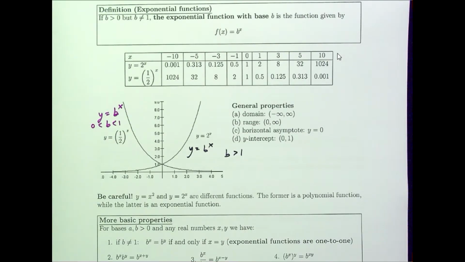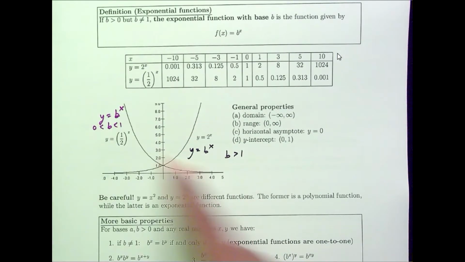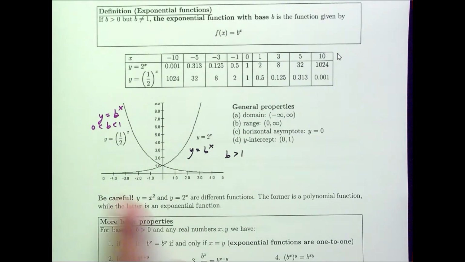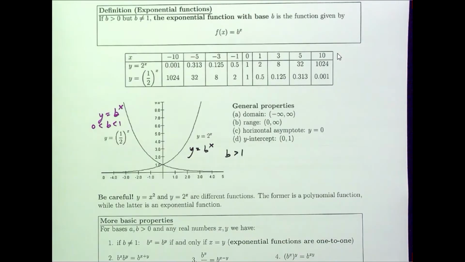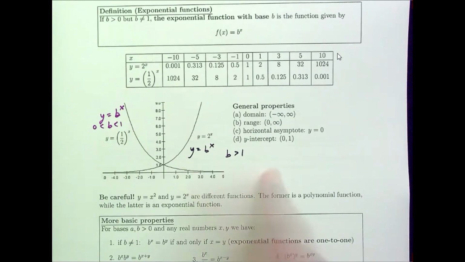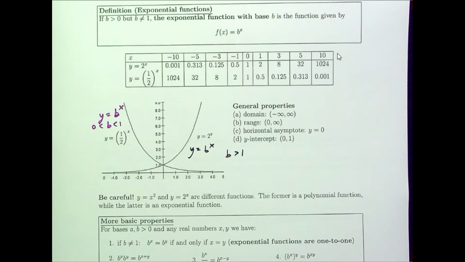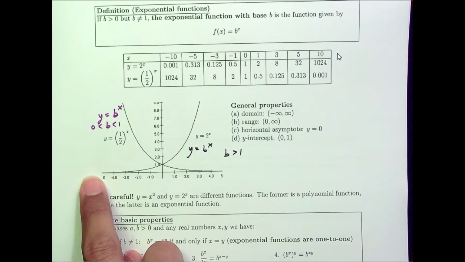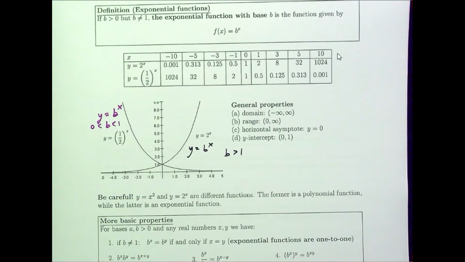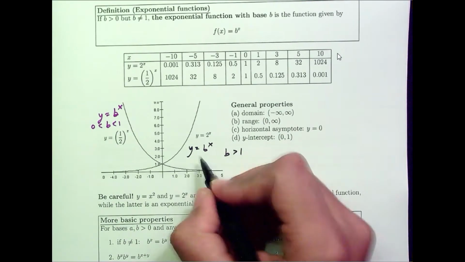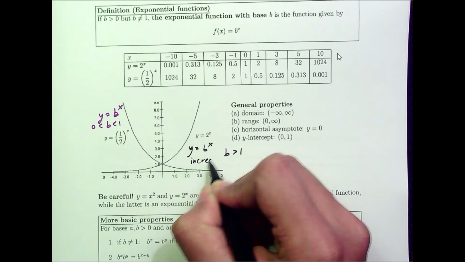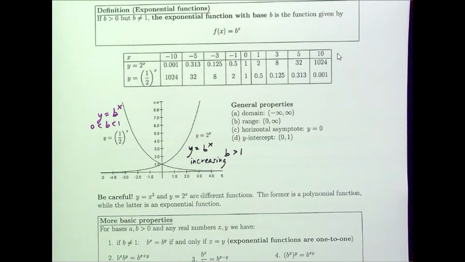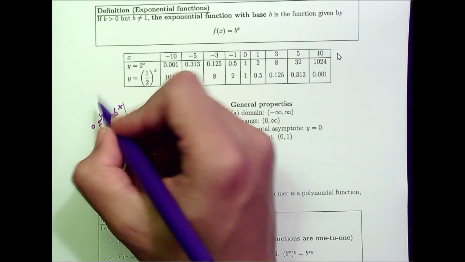So all the exponential functions that have a base between 0 and 1, the graphs are going to look like that. So for b bigger than 1, the graphs rise as you move from left to right, and for b between 0 and 1, the graphs fall as you move from left to right. Okay, so in other words, for b bigger than 1, these are increasing. And for b less than 1, these are decreasing.